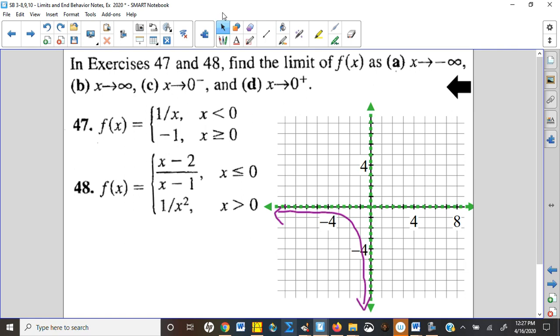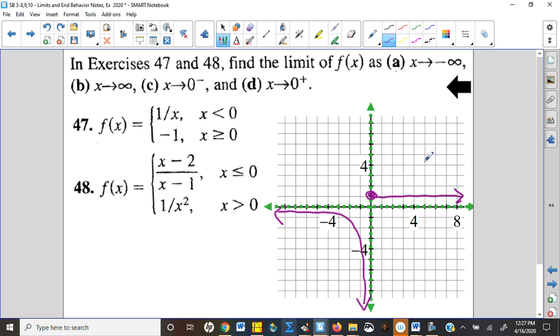Now, on the other hand, we just have a constant function of 1. So at 1, I'm just going to go, and it looks like it is defined at 1. So this would be a closed circle. Now, as far as limits are concerned, they don't really care about that. But that's what this piecewise function would look like, okay?